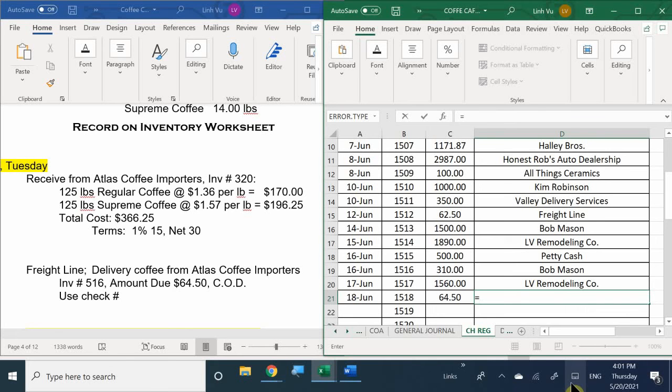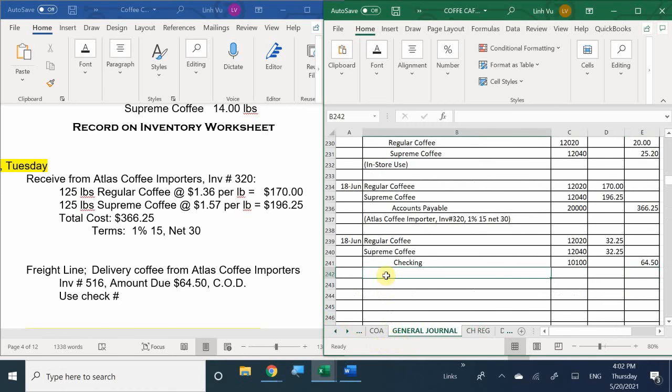So therefore, we're going to pay Freightline, for check number 1518. So what's going to be our note in our journal?